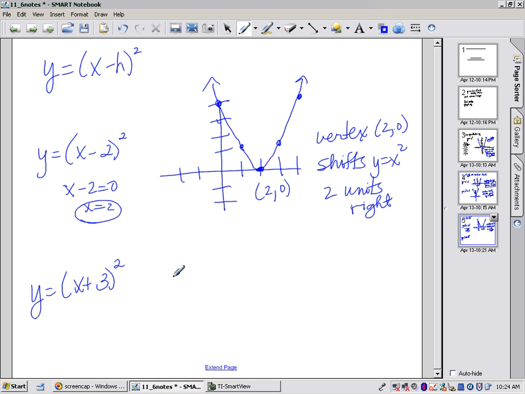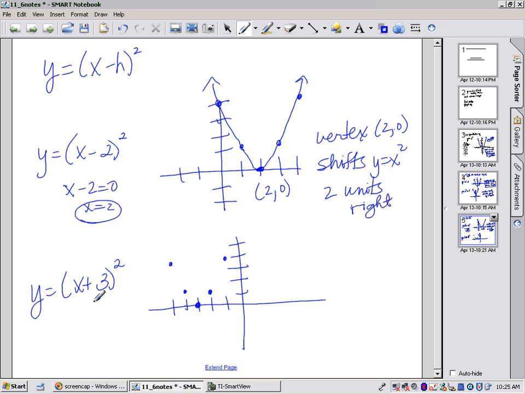So this one has a vertex of (-3, 0), and negative 2 is at 1, negative 4 is at 1, negative 1 is at 4, and negative 5 is at 4.